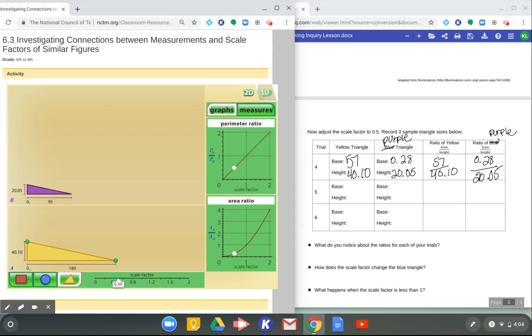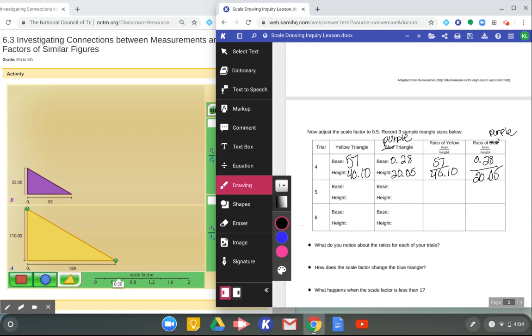Okay, so now let's make this yellow triangle really big and see what happens. So I'm going to make the height bigger, and I'm going to make the base bigger. So now I have a base of 189 for my yellow triangle and a height of 110.0.